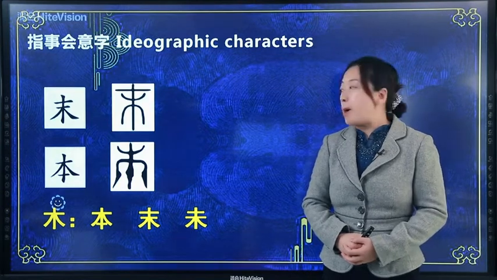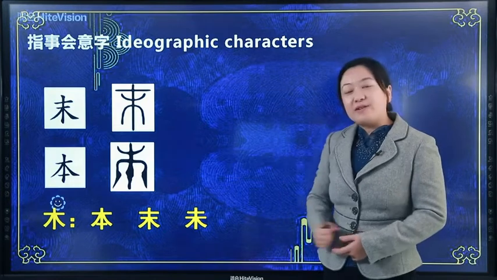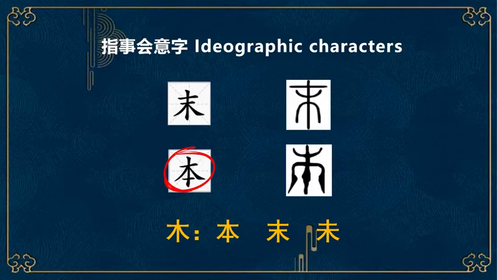Another character, 本. These two look very, very similar, but they are very different. 本 is to add a cross under the wood, indicating that this is the root of the tree, which is the most important place.